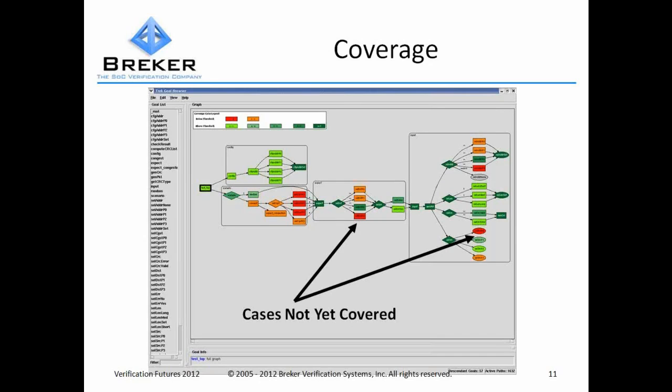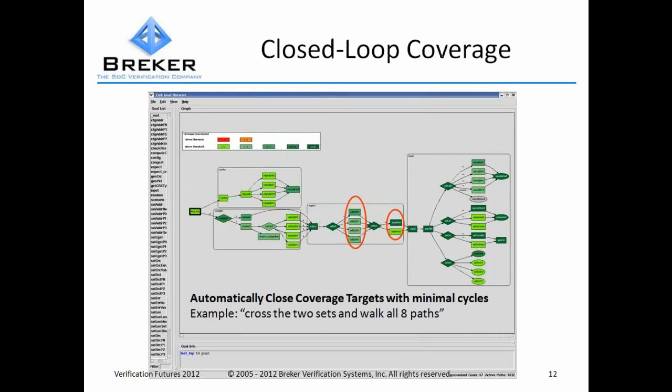The tool allows you also to visualize the coverage. In this case, you see that some of the nodes are red. This means we have not visited those nodes during our simulation. If you have this case, you can ask the tool to actually cross some nodes. Here, for example, we have a set of 4 nodes and a set of 2 nodes.